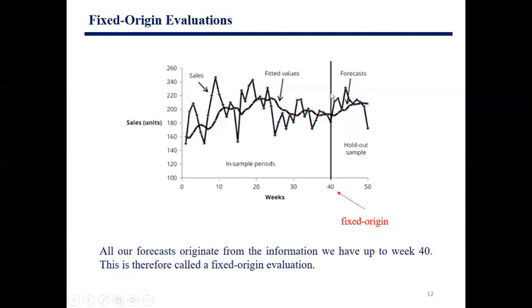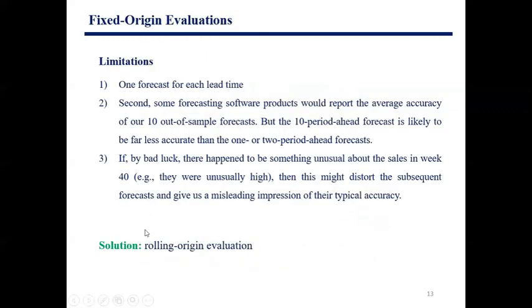It will not be a true estimation, because by chance you are evaluating your forecast on, let's say, the worst period. So using a fixed origin evaluation maybe is not the best way to evaluate forecast accuracy, and there is a solution to handle the limits of the fixed origin, which is the second way of doing evaluation, called the rolling origin evaluation, and we will explain it now.